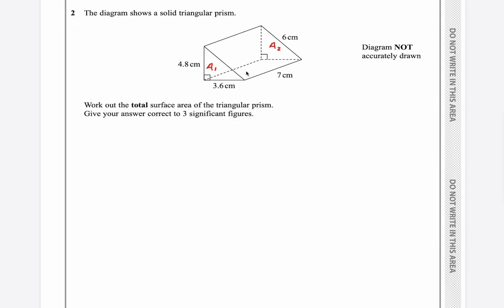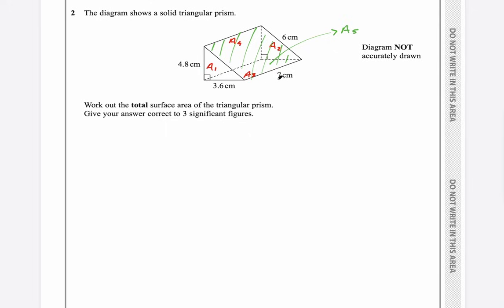I'll call this bottom face area 3, and I'll call this side face area 4. And then the tricky one for me to label here would be this side face here. So this is the kind of slanted face, and I'll call this with green area 5, just so that's clear.